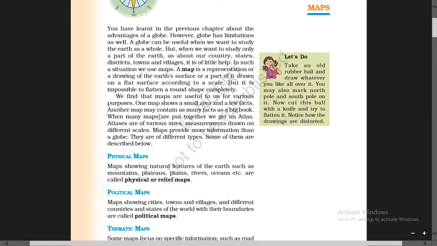When many maps are put together in a volume, we get an atlas. So an atlas has several maps inside a book.